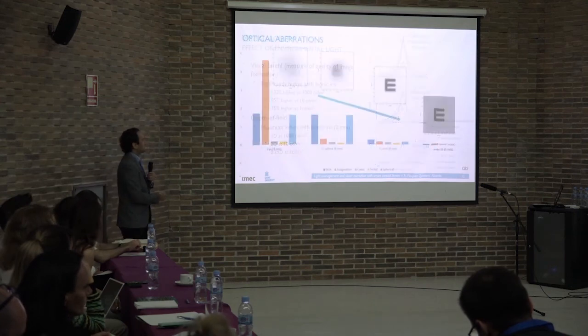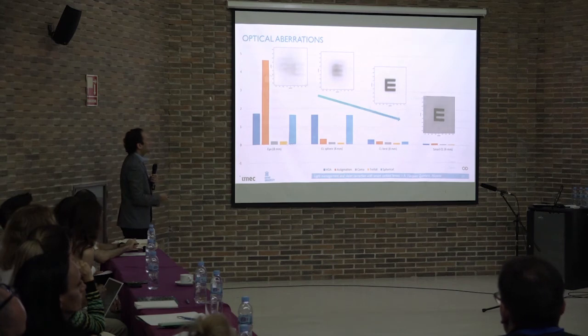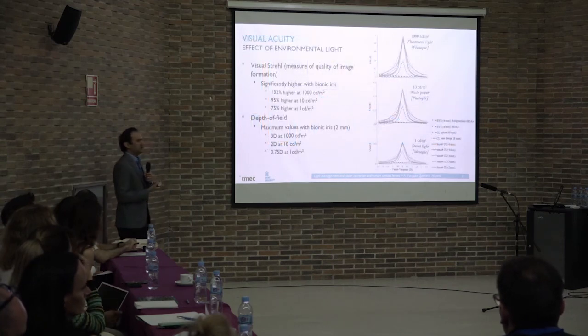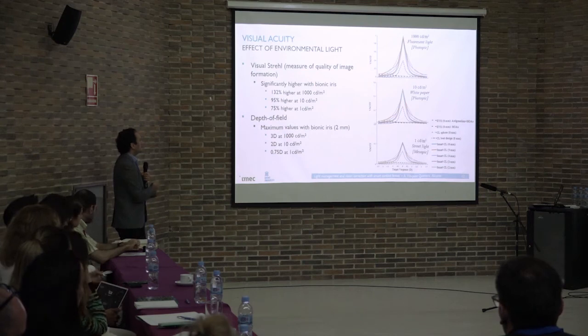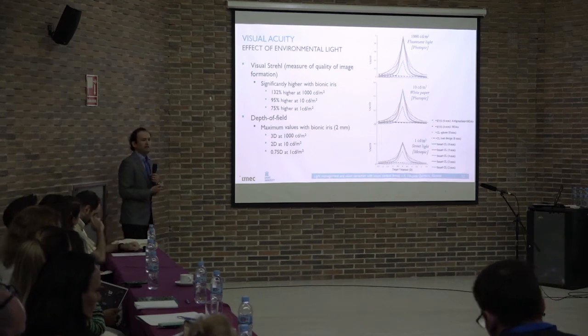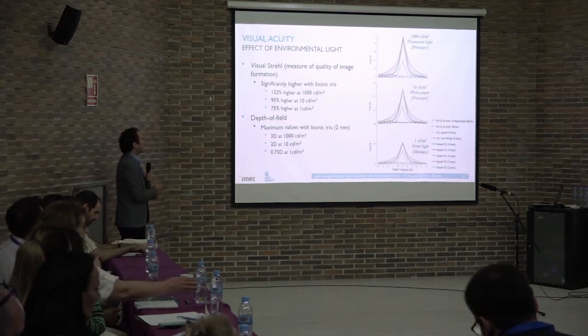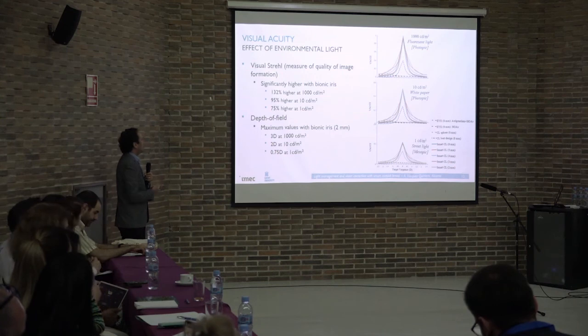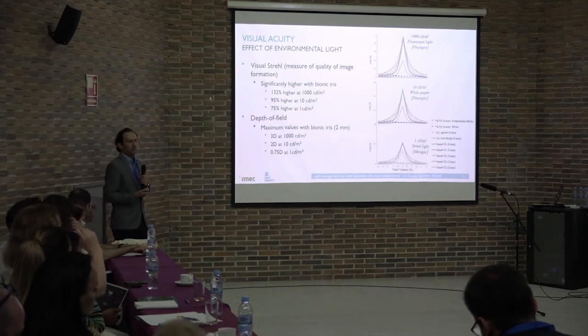And of course this is also observed here. We can see that there is an improvement, but with these plots we can actually measure how much that improvement is. So actually we found that at high illuminations there was a very big improvement, more than 100% higher quality. If the light is a little bit darker, then we had a little bit less than 100% improvement, but it's still better than not having any device.